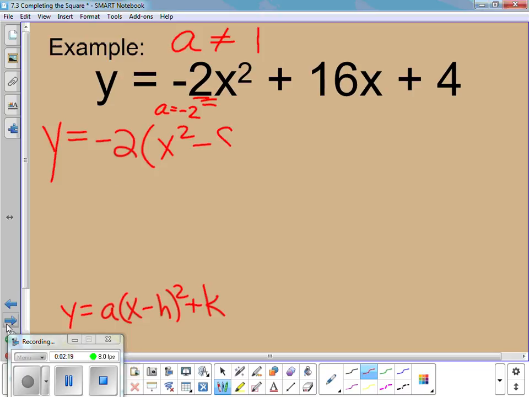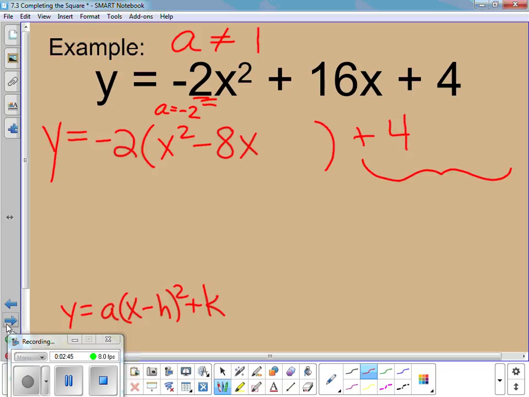So that 16x becomes -8x. You see all this stuff going on here? The 4 gets scared of it and just wants to go on the outside and say, I don't even want to be there. All right? So the 4 just kind of pops out on the outside and says, I'm getting away from this. We'll deal with the 4 later when we try to figure out the leftovers.